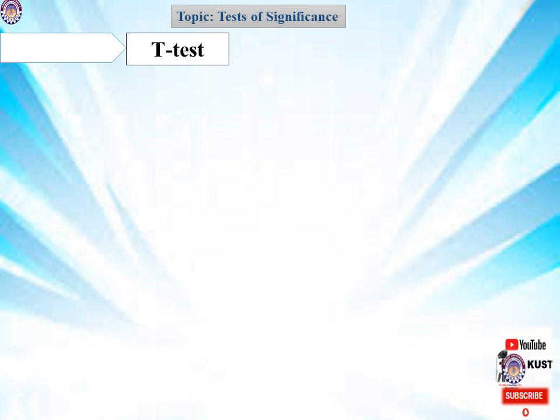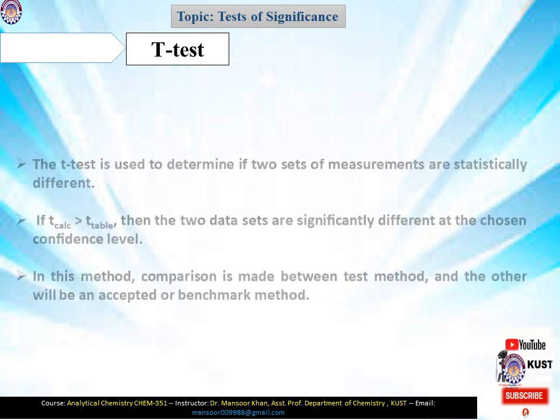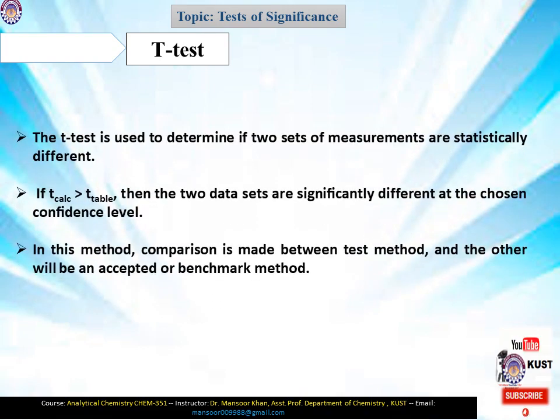It is also used to compare the two data sets, from your method and the accepted method, or in other words, it is also the comparison of the significance of your method and the accepted method. In the t-test, we determine if the two sets of measurements are statistically different from each other or not.